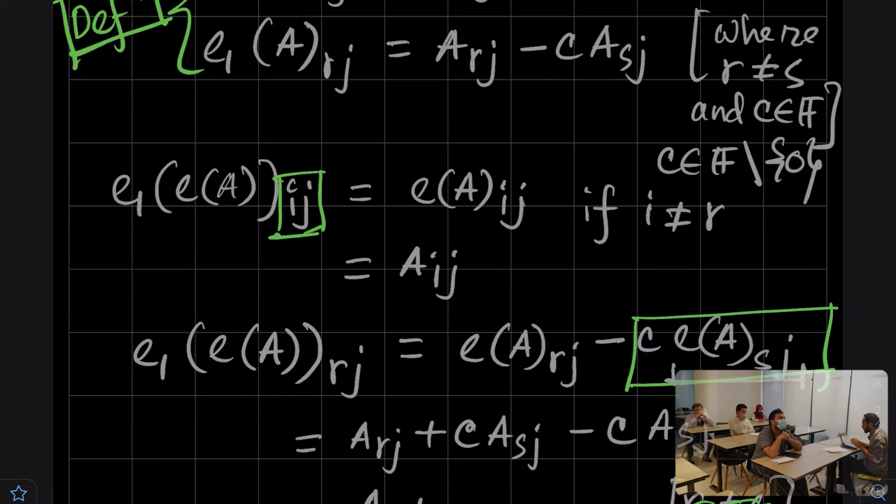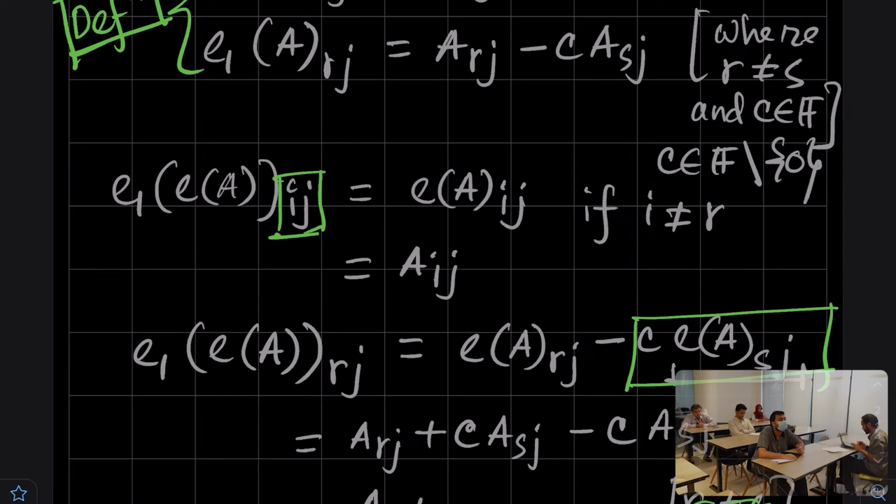Yeah. So I'm considering E(A)ij as an element, where ij is the index of the matrix E(A). That's why on that element I am applying the elementary row operation E1, I mean on that row actually.